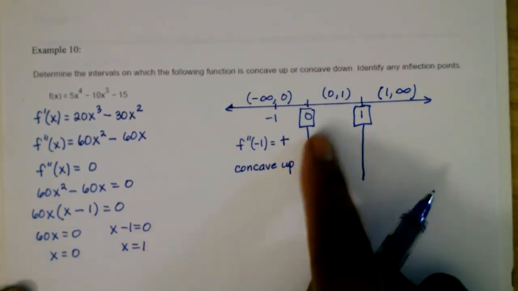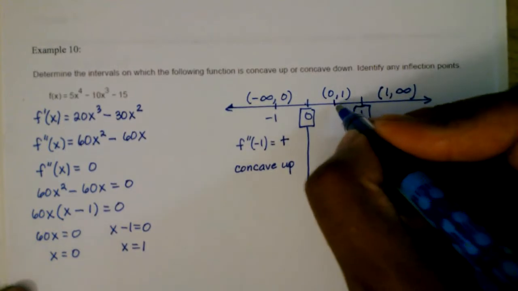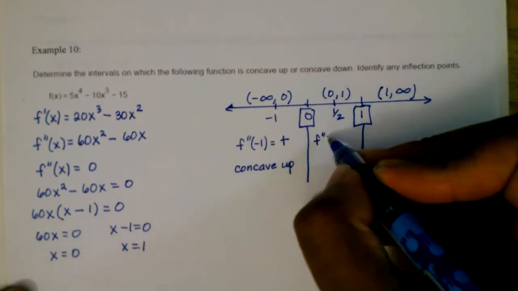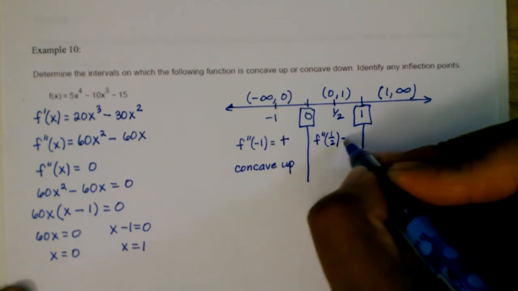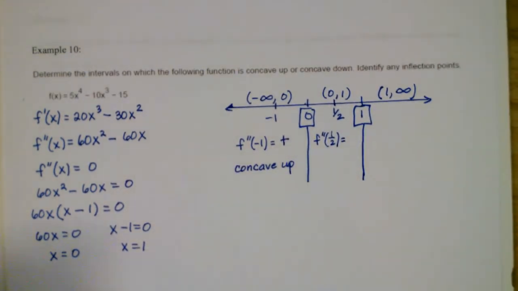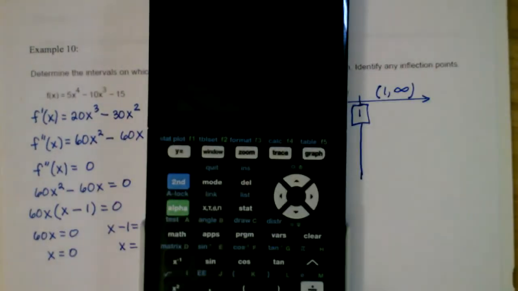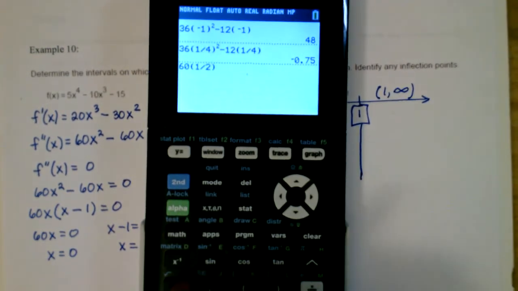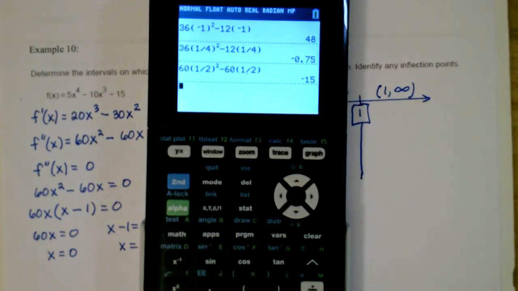Now between 0 and 1, I have to say 1/2. I know that's kind of iffy, but we're going to use 1/2 and then substitute 1/2 in this f double prime of x. So here's the calculator. I'm going to do it here. Let's see, 60 left parenthesis, 1 divided by 2 close parenthesis, and then square it, minus 60 left parenthesis, 1 divided by 2 close parenthesis.